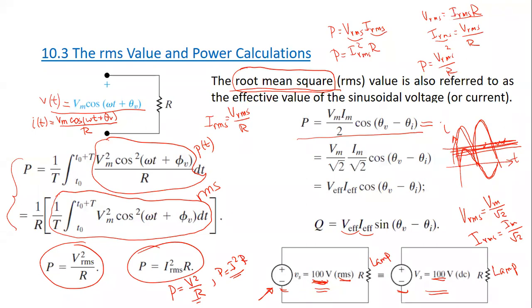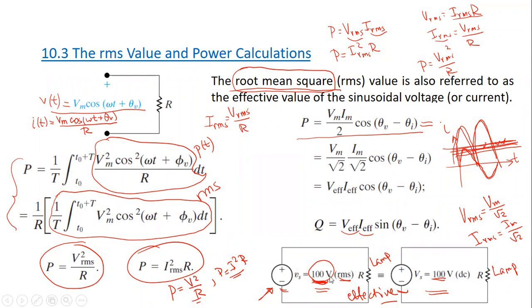So the maximum value here will be 100 times square root of 2, while the RMS value is 100. This is why it is called the effective or RMS value, because it has the same effect as using the DC circuit.